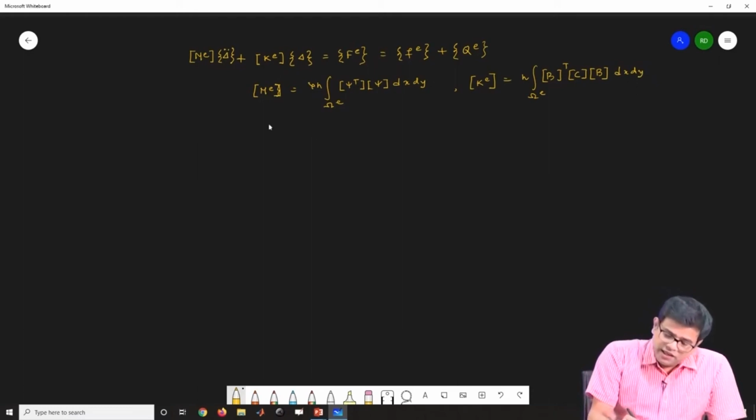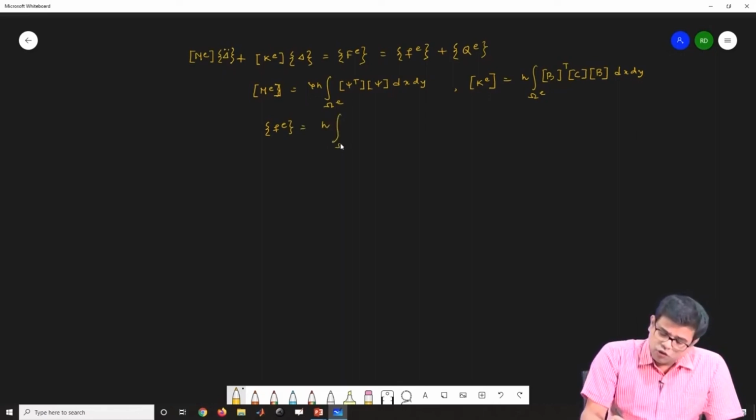Small fe is the body force vector, that is h over omega e of psi transpose into Fx and Fy. So, two components of body force will be there.